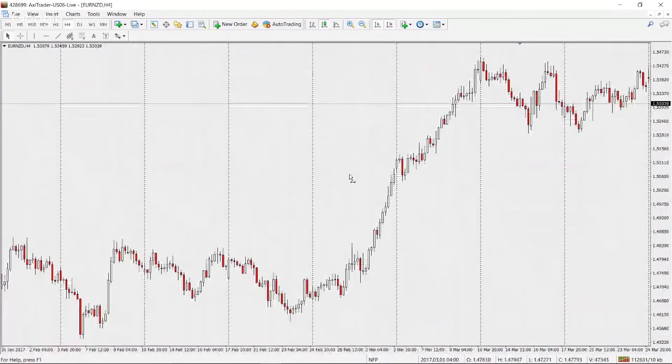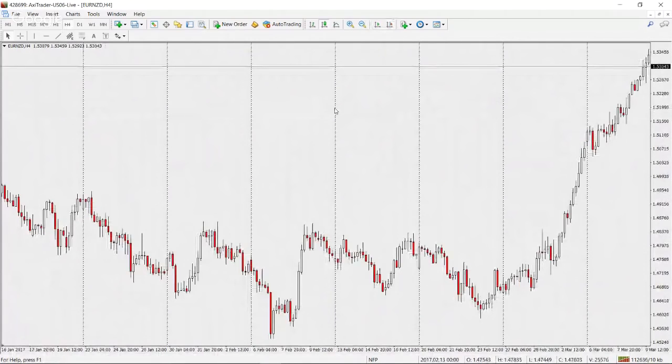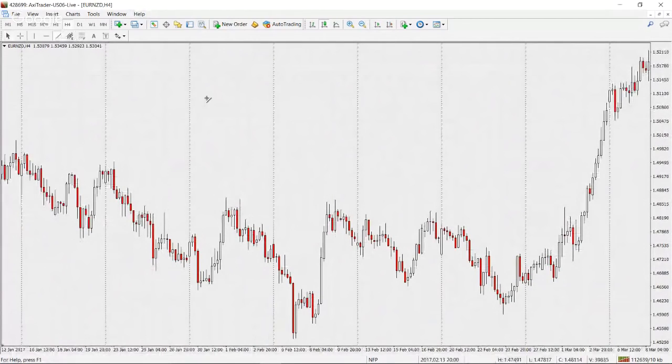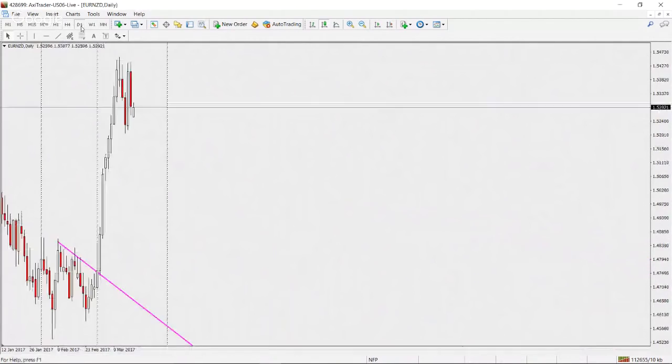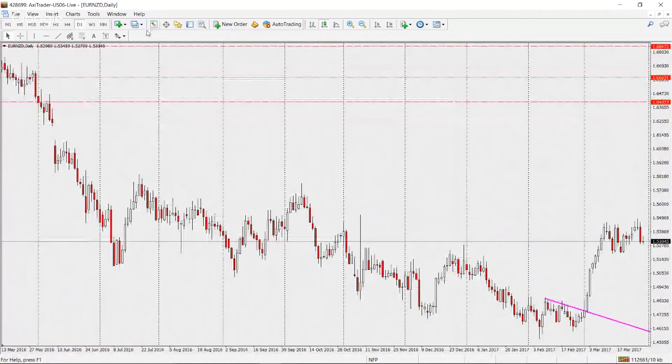I think, if I recall, it was something like this. I'm pretty sure that was it. And then the daily one was something like this.